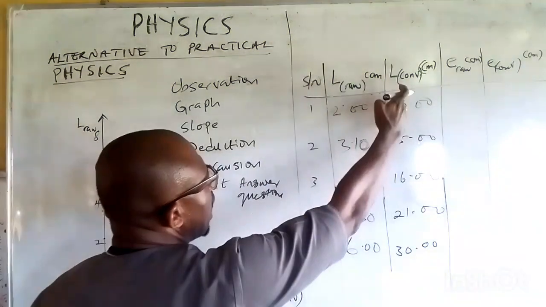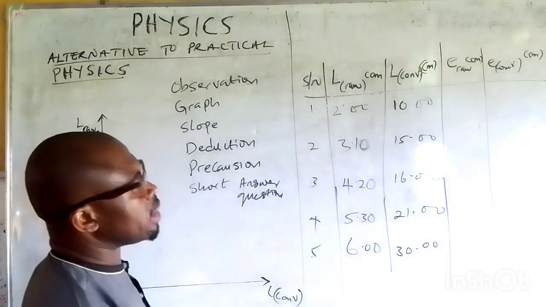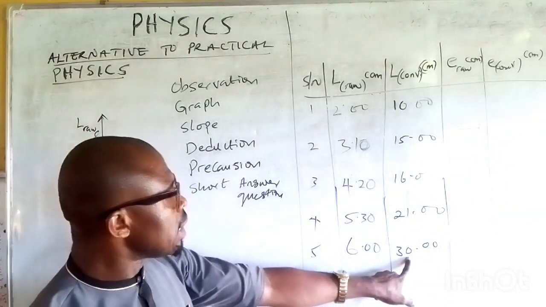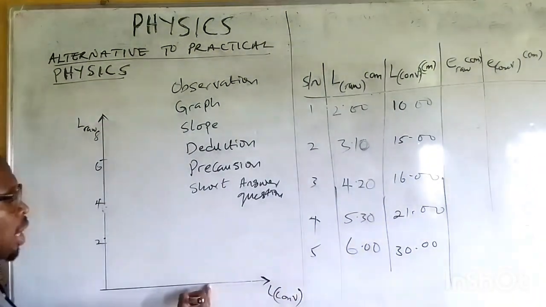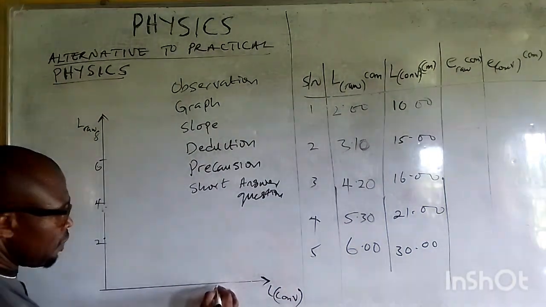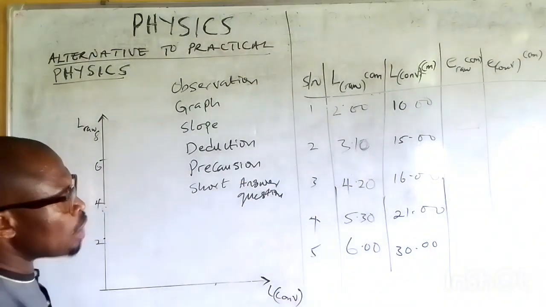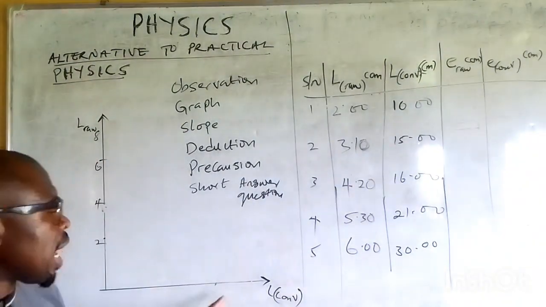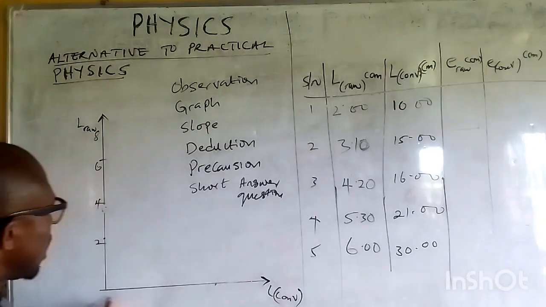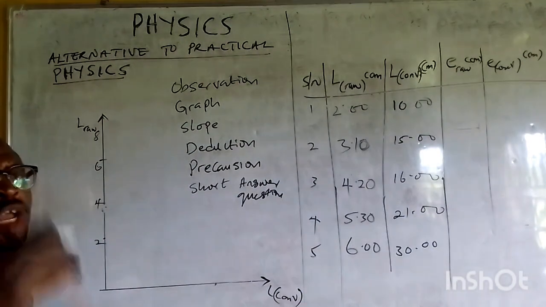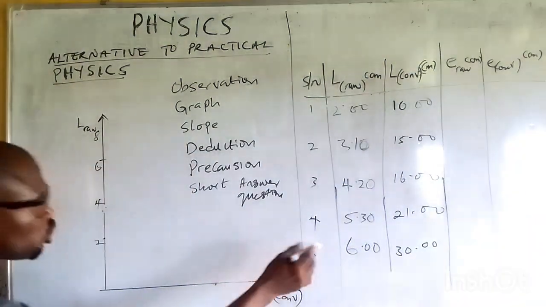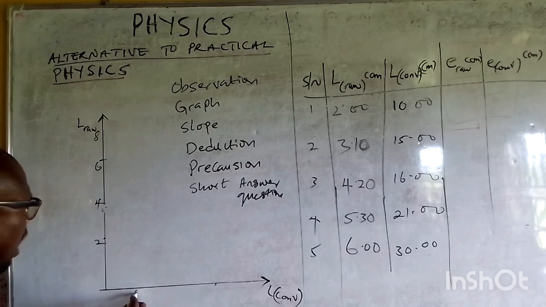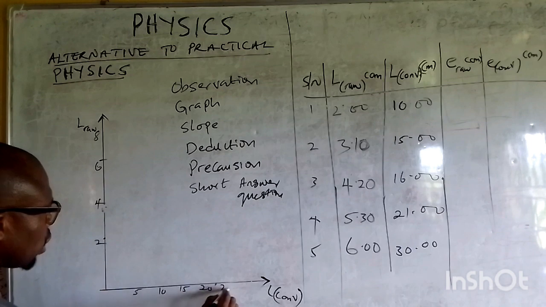Now, under the L converted axis, my highest value is 30. I should choose a scale such that 30 is accommodated somewhere here. Which scale do I choose? If I start choosing 2, 4, 6, 8, 10, it will not work. It is left for me to decide. I can choose multiples of 5, or multiples of 10, depending on the values I have. Assuming I choose multiples of 5, I can have 5, 10, 15, 20, 25, 30.